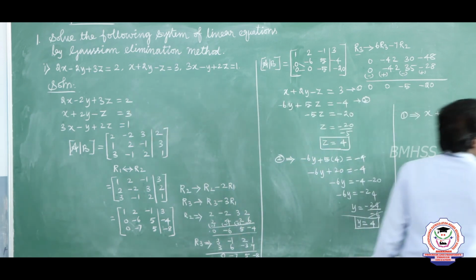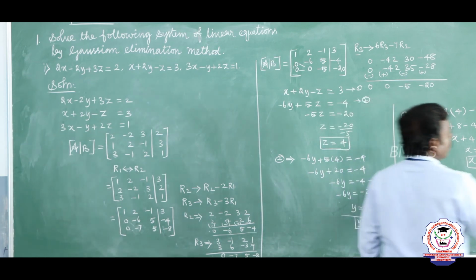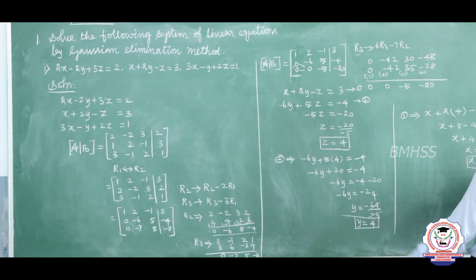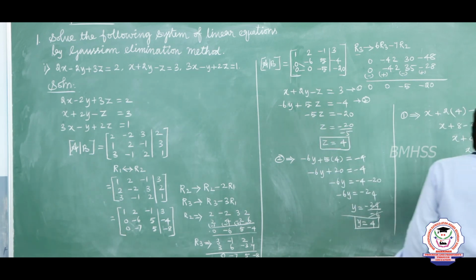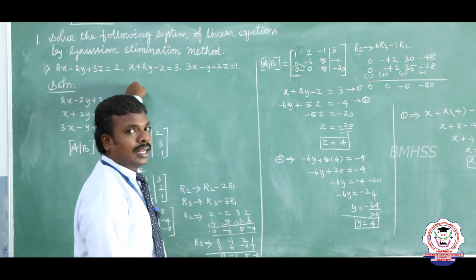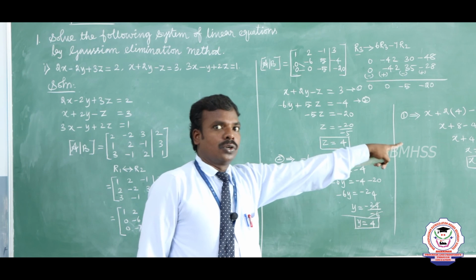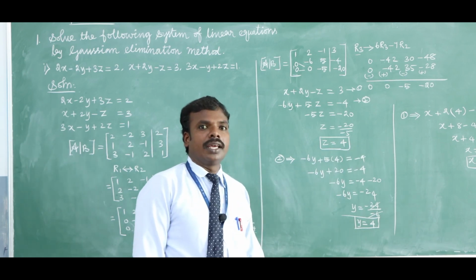Minus 2y with y equal to plus 4 gives minus 8, and plus 3 into the value of z, which is also 4, gives plus 12. So minus 2 minus 8 plus 12, that is minus 10 plus 12, equal to plus 2. Check: on the right hand side there is plus 2, so our answers are correct. Do you understand? In the verification, no need to do it in the sums, just do it in the rough work place. Are you clear? That's it.